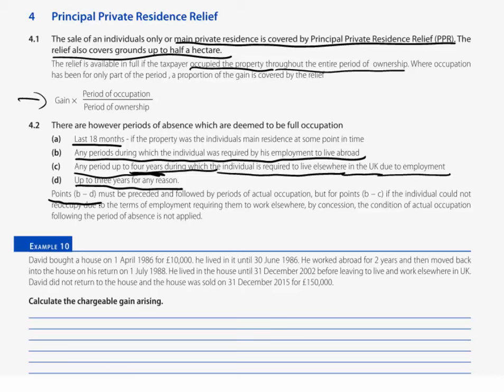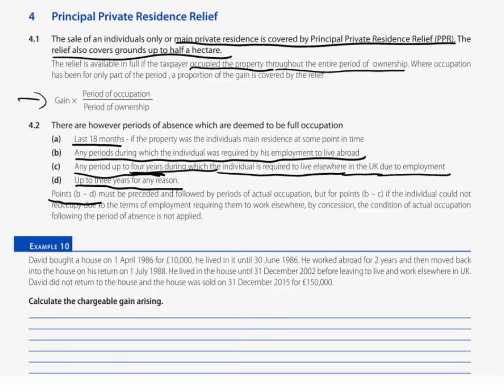So if, for example, I were to take on a contract of employment in, say, Australia, and I live and work in Australia on a 4-year contract. I then renew that contract for another 4 years. And at the end of that, I'm going to renew again. And I decide, you know what, I'm probably not going back to that property in the UK.